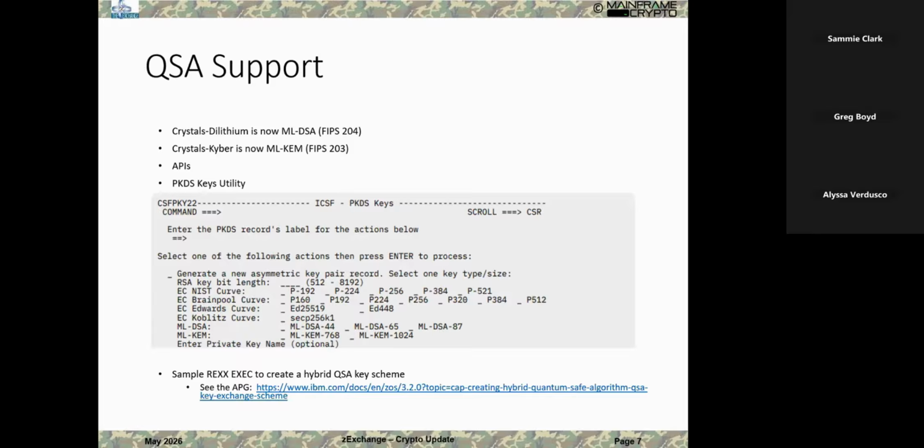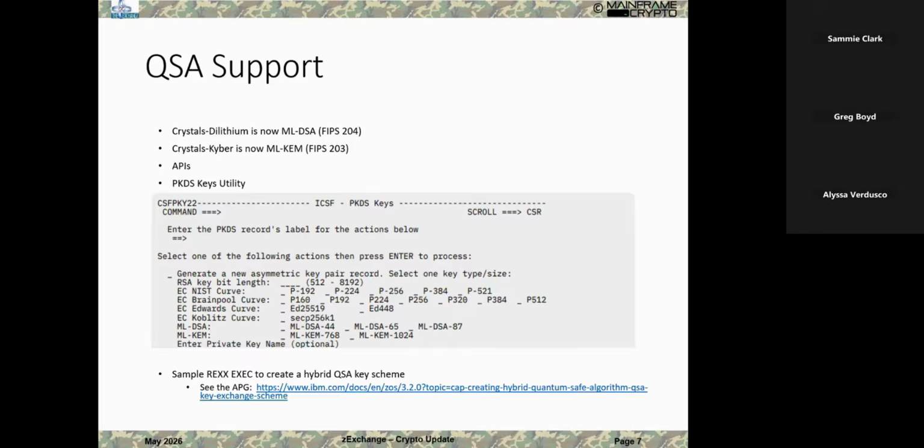So that's been updated. I'll also mention that out on the IBM community page, there is a blog that has a sample REXX exec that will drive the process of creating a hybrid QSA scheme. The idea here is if you want to create some keys to protect data, historically you'd use something like Diffie-Hellman.